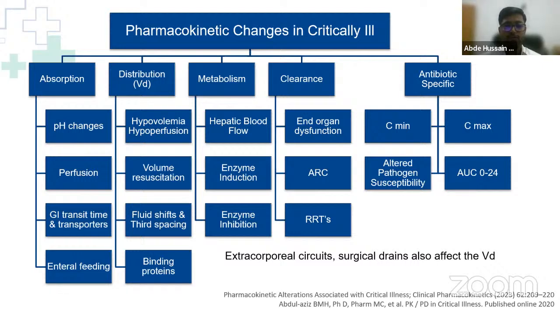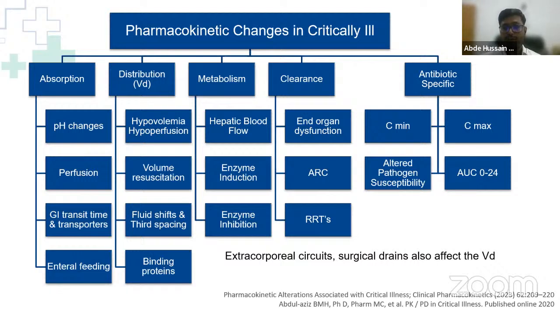Then come the VD changes. So what are the factors? Hypovolemia, hypoperfusion, all those fluid changes can lead to a change in the volume of distribution. The volume resuscitation that we give, 1 liter, 2 liters of IV fluids, will again change the statistics over there. Fluid shifts and third spacing because of shock state, and protein binding decreased by reduced protein content in critically ill patients.